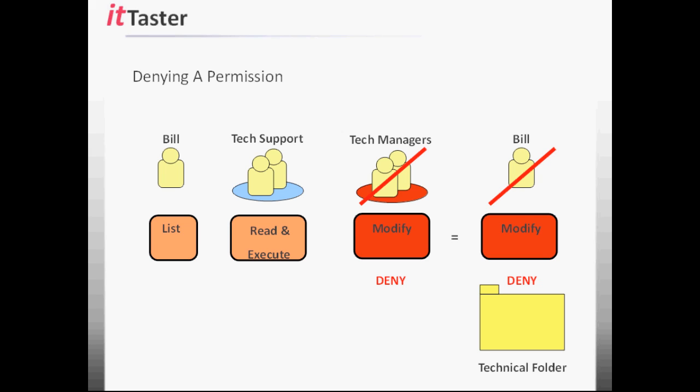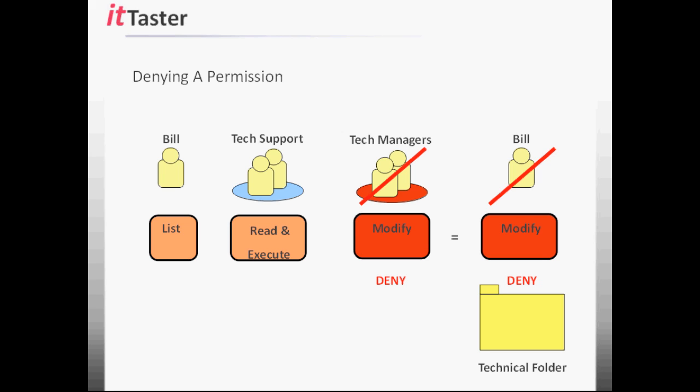But Bill is a member of the tech support group, which has read and execute permissions. And Bill himself is assigned list folder contents permission to the technical folder. So what is Bill's effective permissions to the technical folder? Well, we know the modify permission is a combination of other permissions, which includes list folder contents and read and execute.